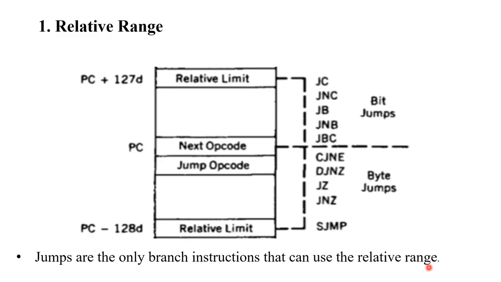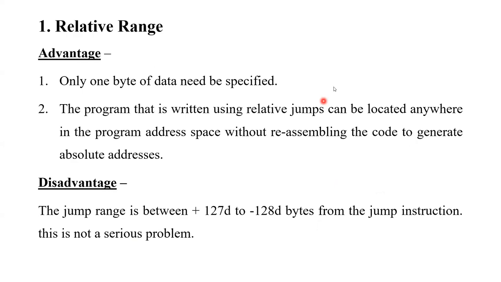Most of the programs we write are very small programs. I'll explain that here. The advantage of this is that only 1 byte of data needs to be specified, because the range is between plus 127D and minus 128D.